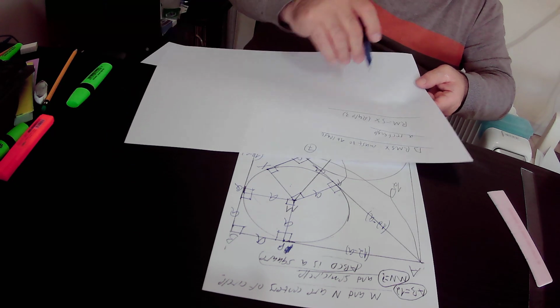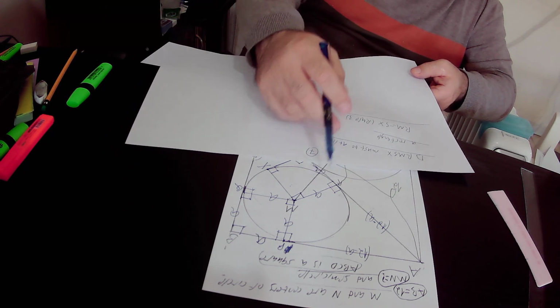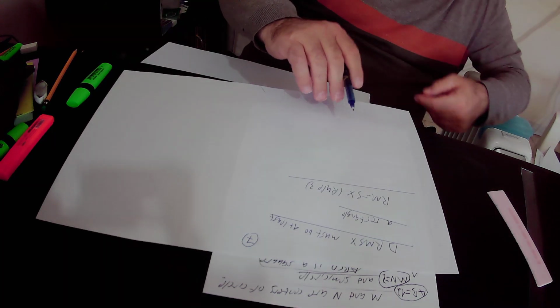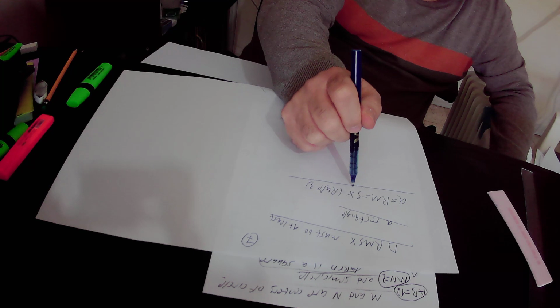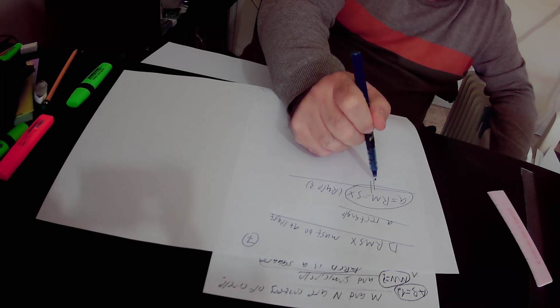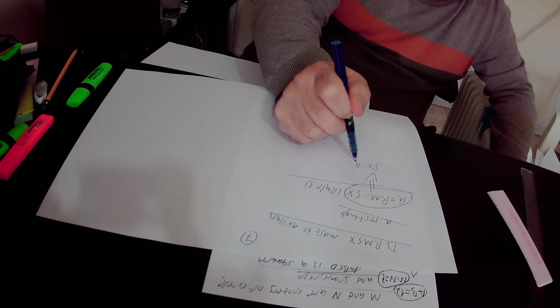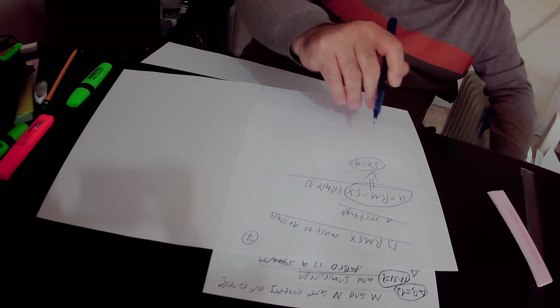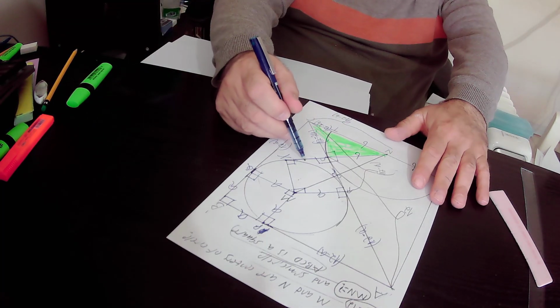But we know that RM is the radius of this circle, that is to say it equals A. From A equals RM equals SX, we will derive that SX is also equal to A. Here we can write down that SX equals A.